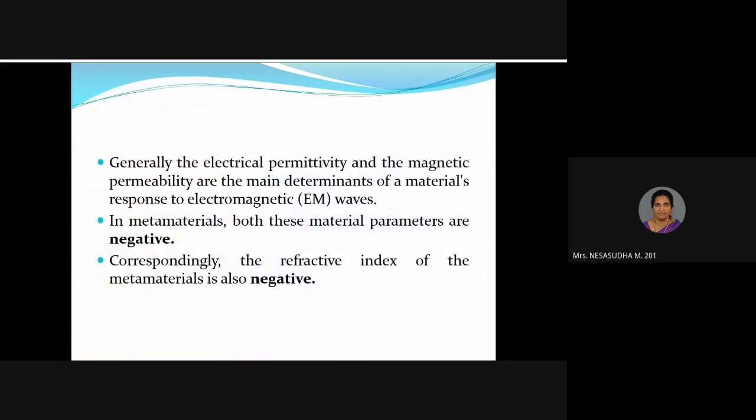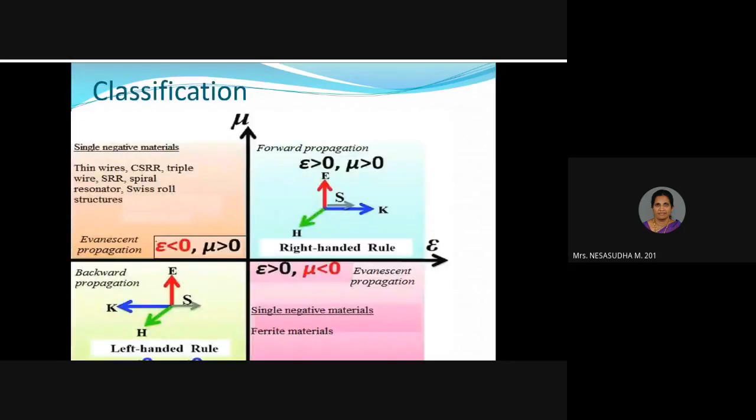When you see the classification of metamaterial, we can divide it into 4 quadrants. These quadrants are based on the permittivity and permeability. In the first quadrant, both mu and epsilon are positive. This is called the right-handed rule.